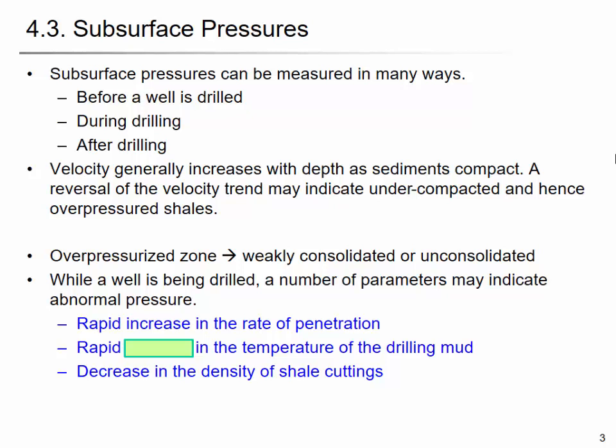Generally we know that velocity increases with depth as sediment compacts because you have a decrease in porosity, and a reversal of the velocity trend may indicate under-compacted and hence overpressured shale. So, overpressurization.